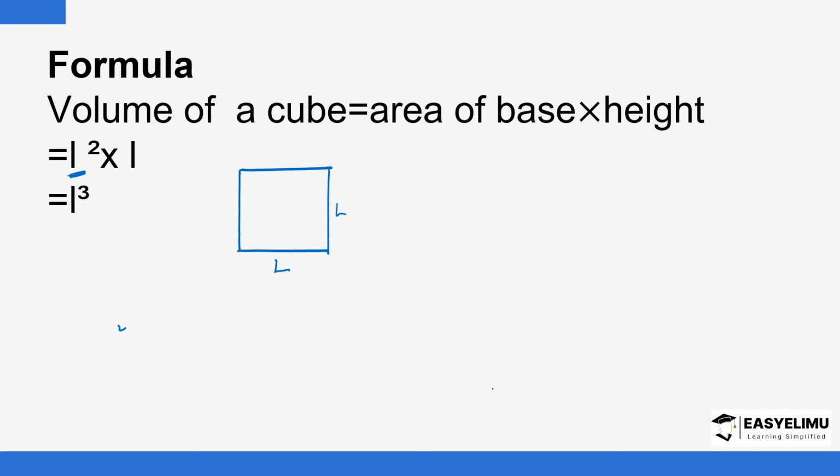Previously we talked about the area of a rectangle, length times width, but here length and width are the same. So just L times L, that's why we get L squared, and then you multiply by the height of that cube. So you end up with L cubed as the volume formula used for finding the volume of a cube.